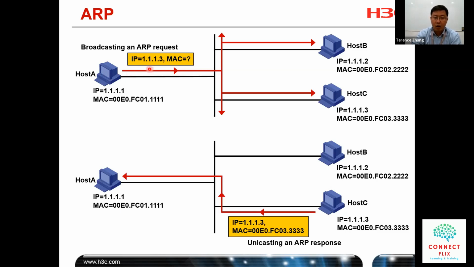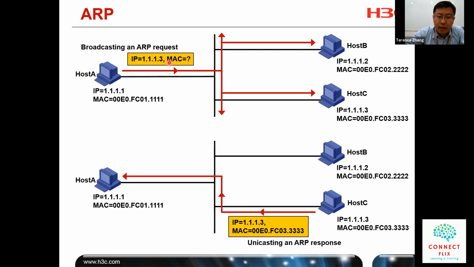This is what ARP does. When the host has a destination IP address and wants to know the destination MAC address, because layer 3 is ready but layer 2 needs to know where to send this frame, it uses ARP.